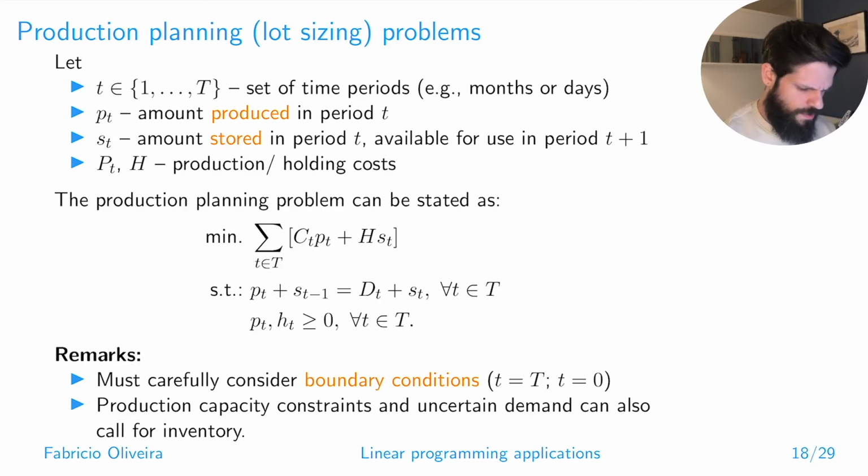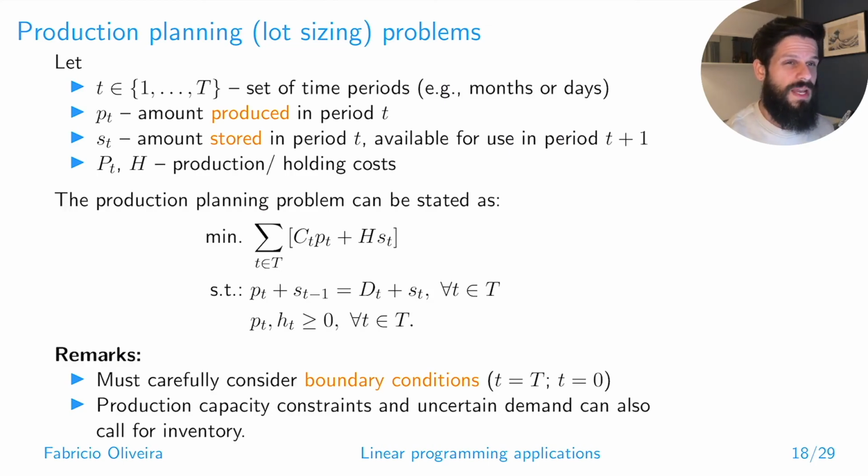And you also have to be really careful with boundary conditions with these models. It's basically because your model is going to see the world end at period capital T, the last time period. There is no reason for the model to have inventory to send to the next period. So what you're going to see is that these models tend to finish their plans with zero inventory, which might not make sense because the companies are not stopping to exist.